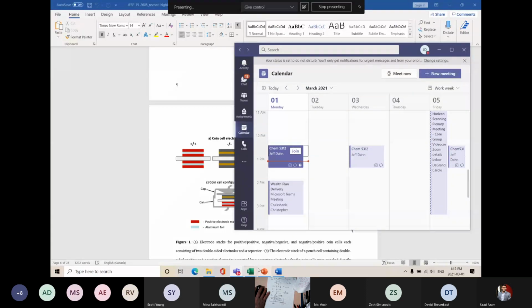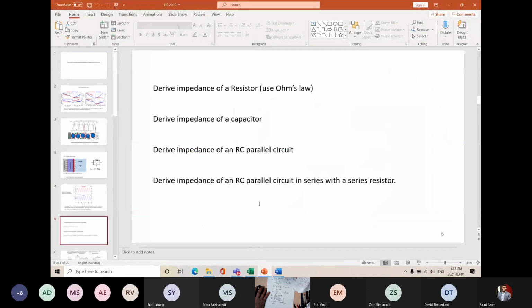I don't know where it is. What can you guys see now? Do you see a PowerPoint? Yep. Really? Does it say derive impedance of a resistor? Use Ohm's law? Correct. Okay, great. I have no idea how we got here.